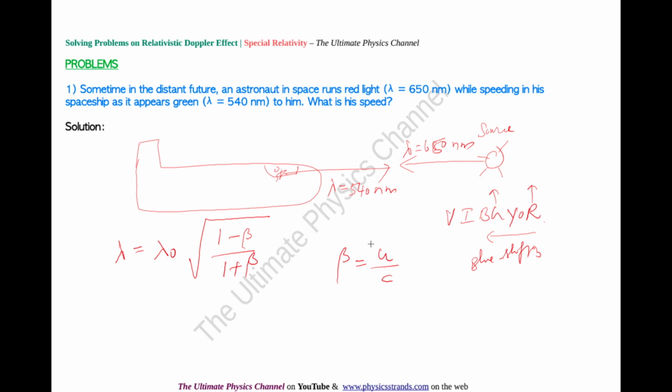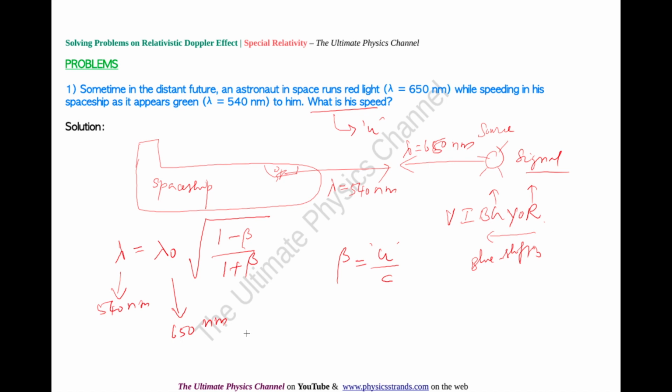We need to find out u here, right? What is the speed? That is our u, the relative velocity between the spaceship and the light signal, right? That's the other thing. So we have lambda as 540 nanometers, which is green, and lambda naught is the actual wavelength of the source, that is 650 nanometers, right?